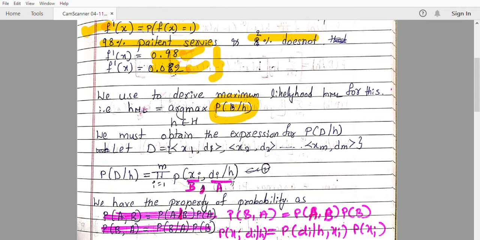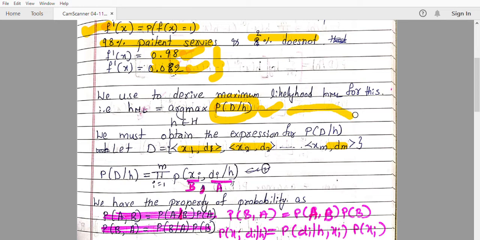To get that, let us represent D with a pair of values to represent each instance in D: x1 d1, x2 d2, up to xm dm, where m samples are there. xi is the feature set of the ith sample, and di is the target value of that ith sample. As we already discussed, we can take the individual probability of all these instances and take the product of that to represent this probability.